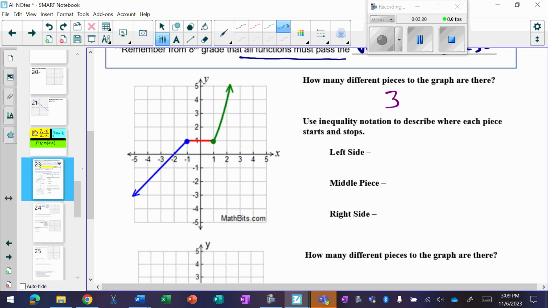The left side, the blue end, comes from negative infinity because it's going down forever. As I read from left to right, that blue section stops when x is -1. The inequality notation to describe where each piece starts and stops is our domain.